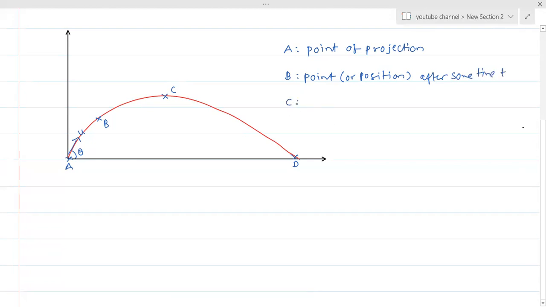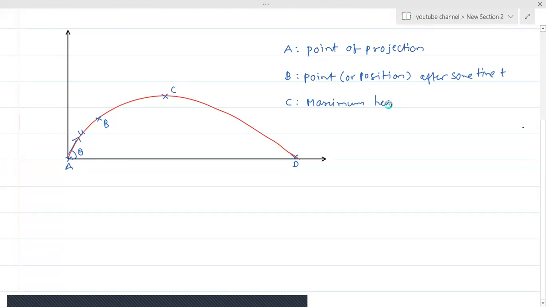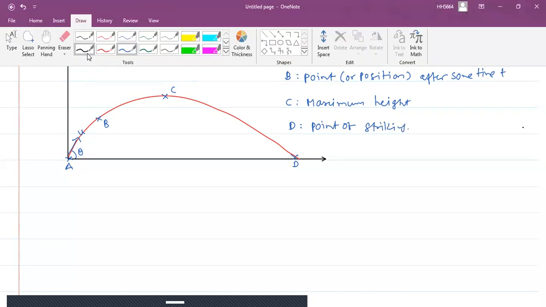And C is nothing but the maximum height. And D is nothing but the point of striking.